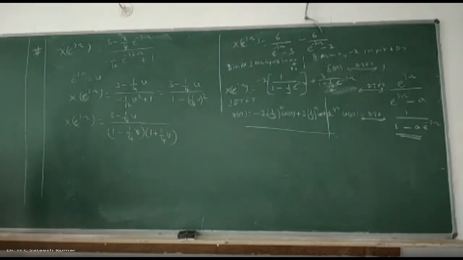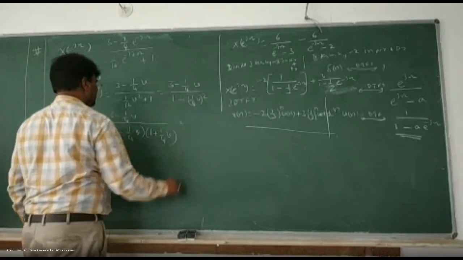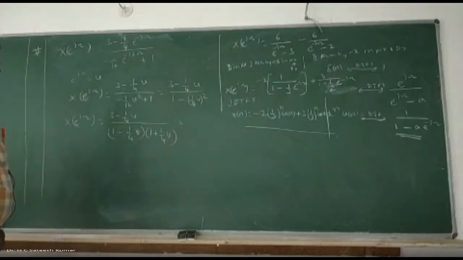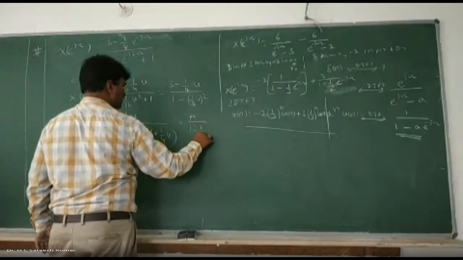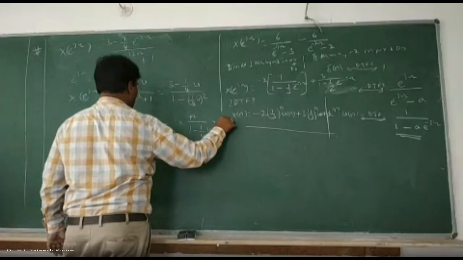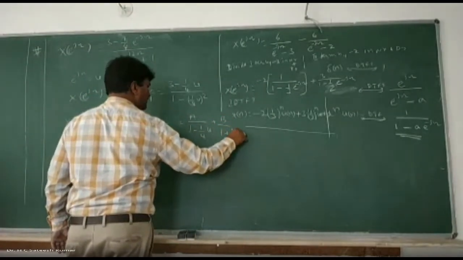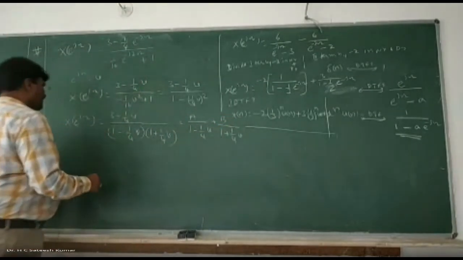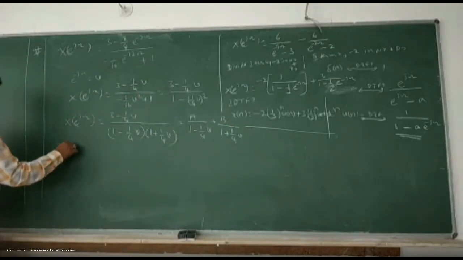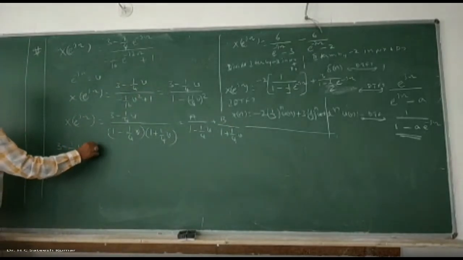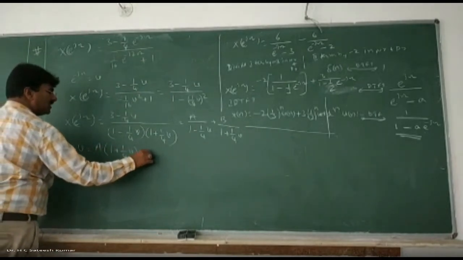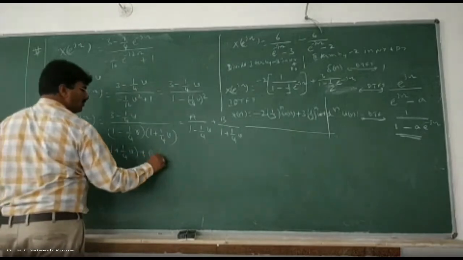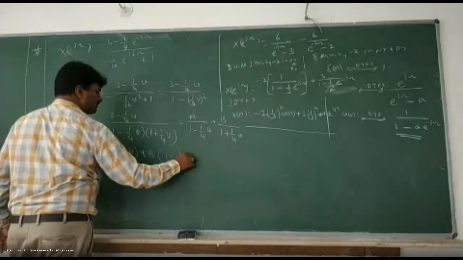Okay, so this can be written as a divided by 1 minus 1 by 4 v plus b divided by 1 plus 1 by 4 v. So 3 minus 1 by 4 v is equal to a into 1 plus 1 by 4 v plus b into 1 minus 1 by 4 v.